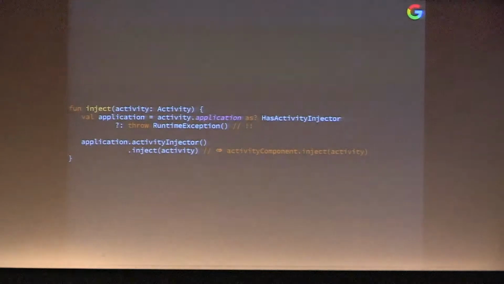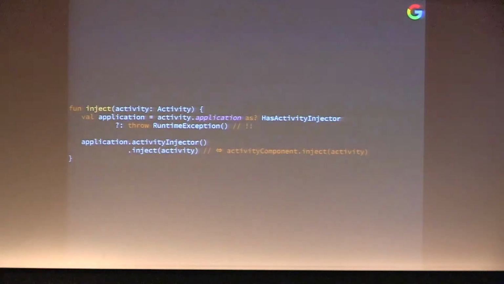So we just saw that the activity will call the inject method, and now what next? The static method, this is the Kotlin version. The library version is in Java, but this is basically the same thing converted to Kotlin. So again, this is part of the Dagger library.